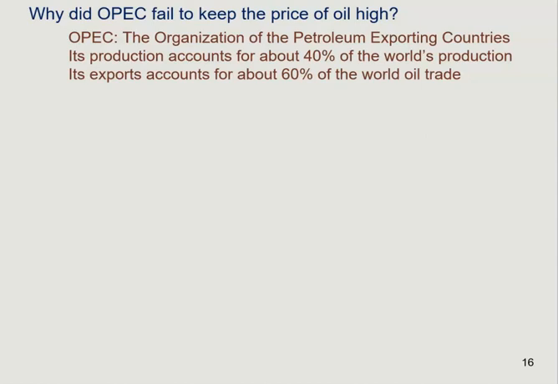OPEC production accounts for about 40% of the world's oil production, so you can see that it accounts for a significant share of the global market. Its exports account for about 60% of the world oil trade.